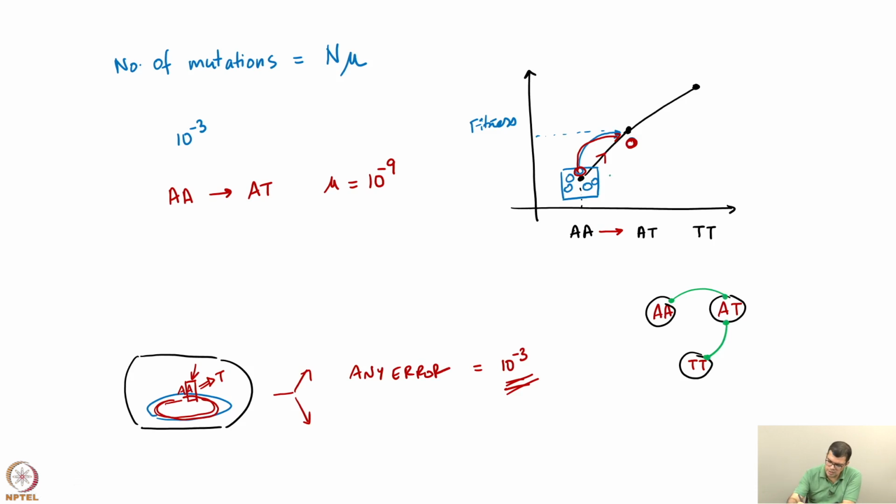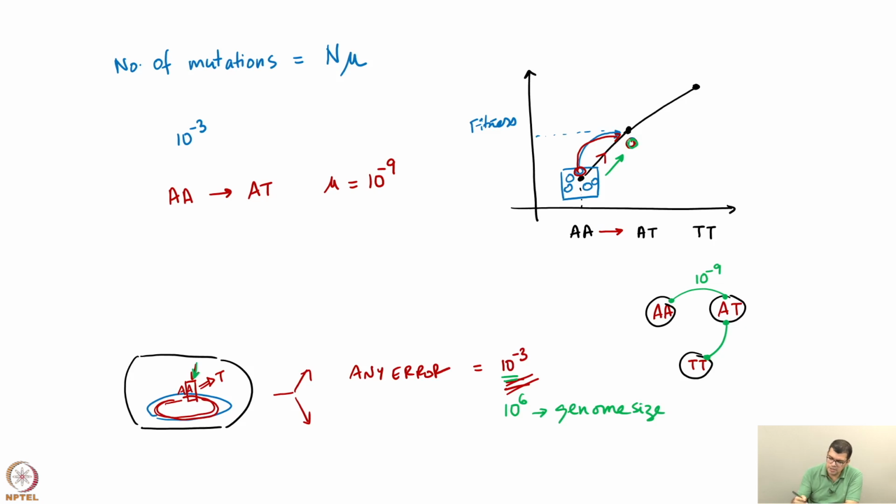And as we have just seen, this movement from AA to AT happens with a probability of 10 to the power minus 9. Mutation rate is 10 power minus 3, but we want a specific change, not just any change. Hence, this has to be divided by 10 to the power 6, which is the genome size of E. coli, and hence we get the chance that this transition happens is 10 to the power minus 9, which means in every billion divisions, one division will lead to generation of this particular progeny.